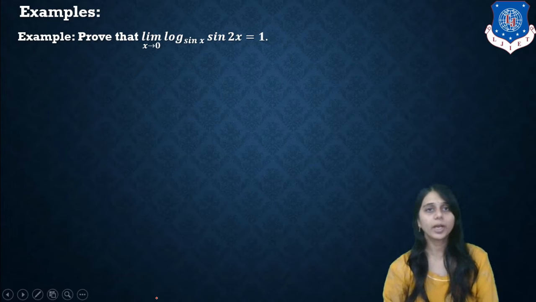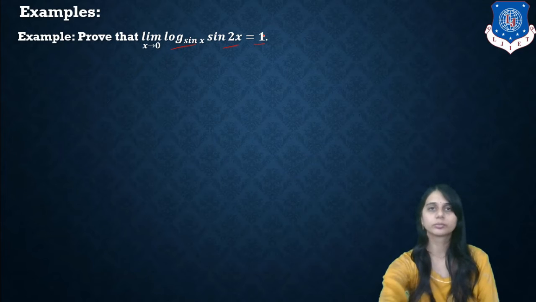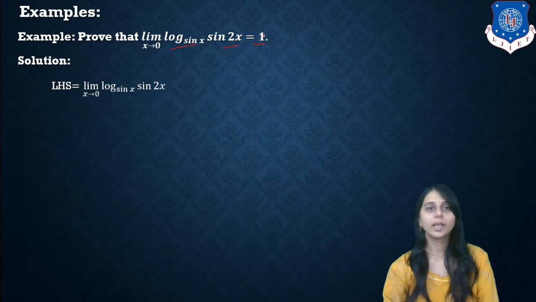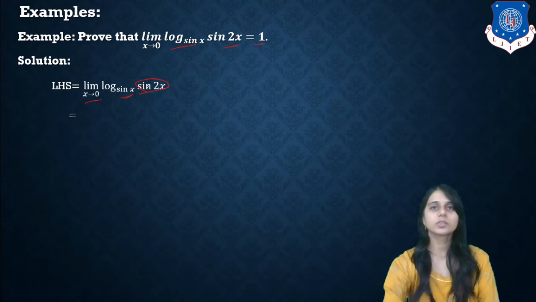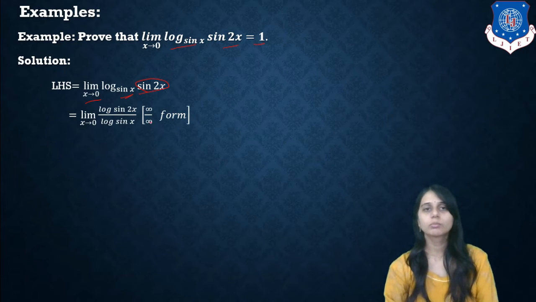Example, prove that the limit as x tends to 0 of log base sin x of sin 2x equals 1. Solution. LHS equals x tends to 0 log with base sin x and argument sin 2x. By the log rule, log base B of A becomes log A upon log B, so we take log sin 2x upon log sin x.